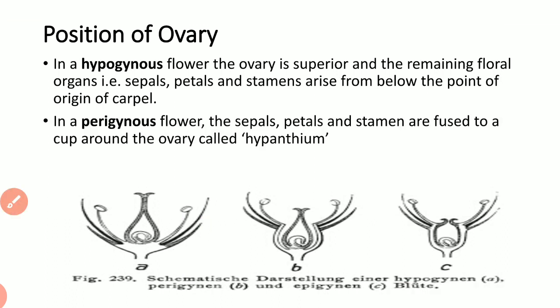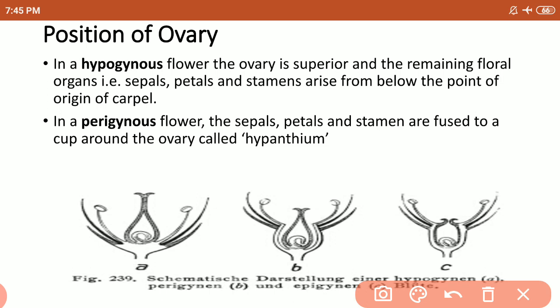Then the perigynous. Peri means around. Okay. In a perigynous ovary, the sepals, petals and stamens are fused to form a cup around the ovary, called the hypanthium. This is the ovary and these are the sepals, petals, okay, and the androecium.